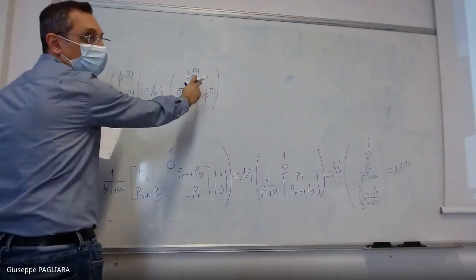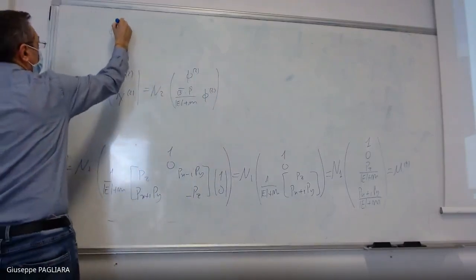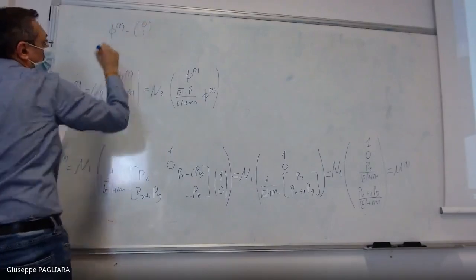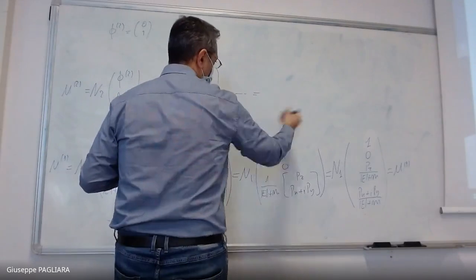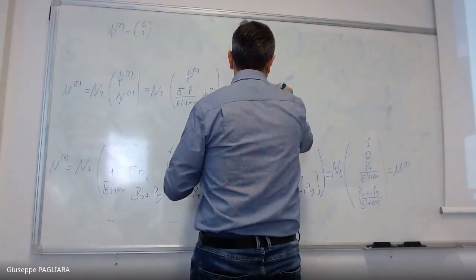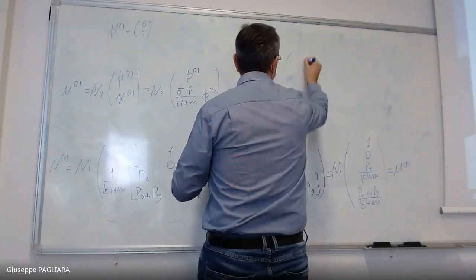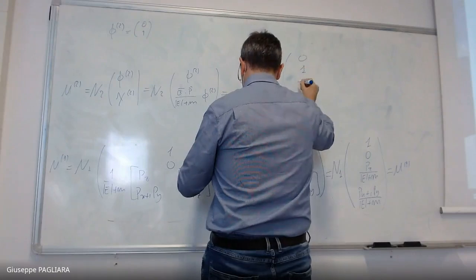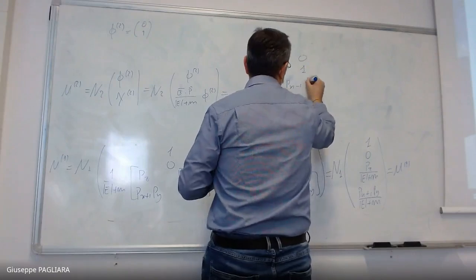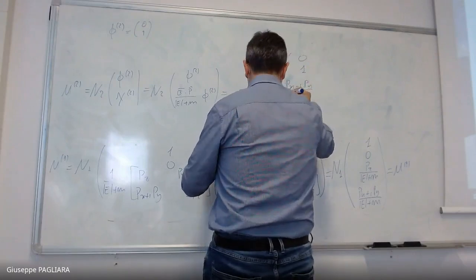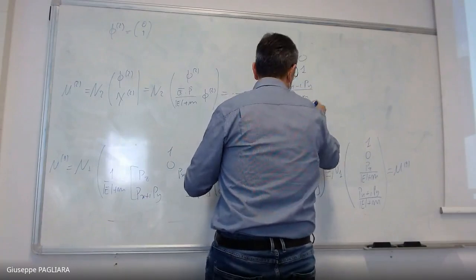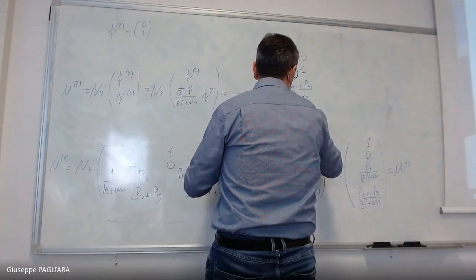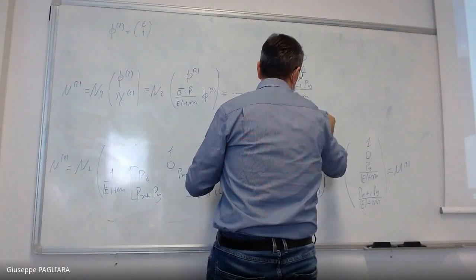We put our arbitrary choice for phi 2, which is (0, 1), if you remember. And so at the end, after the same algebra, we end up with N2 times (0, 1, px minus i py divided by E plus m, and minus pz divided by E plus m).